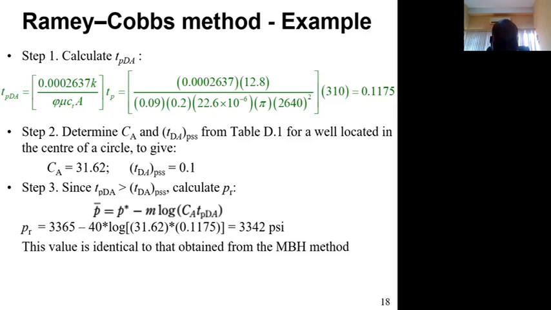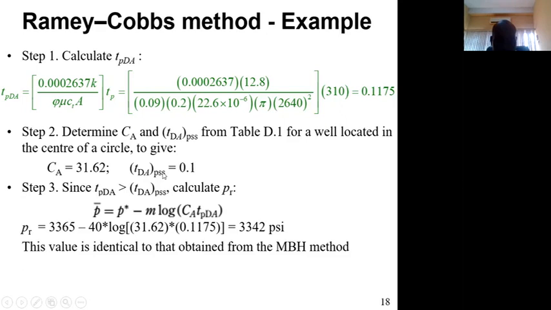For the Ramey and Cobb method, you need to produce the Horner plot. You need to extrapolate it to Horner time of 1. You need to read off the slope. And then the next thing would be to calculate your dimensionless producing time. tp, the producing time, is given in the question, and all these are provided. Remember that this had been calculated under the MDH method.